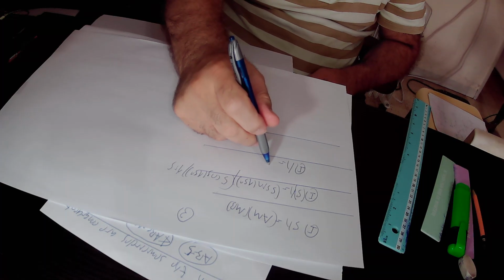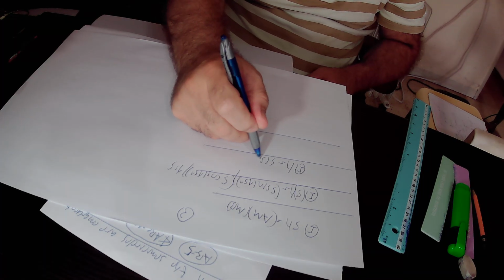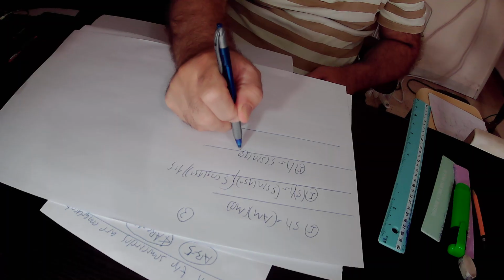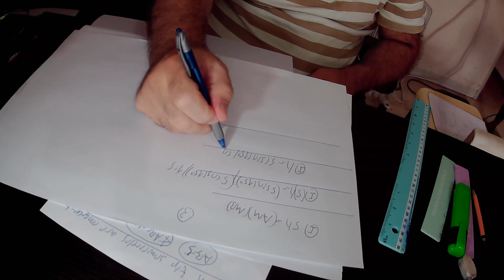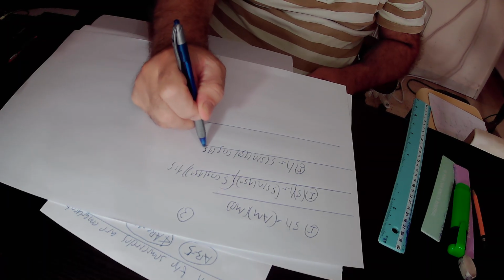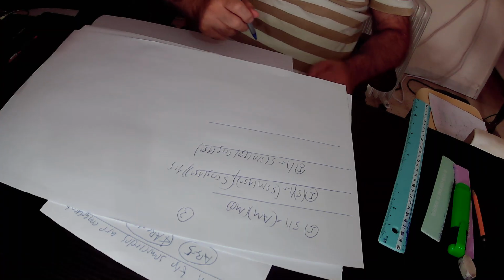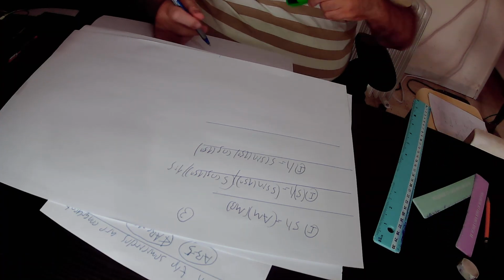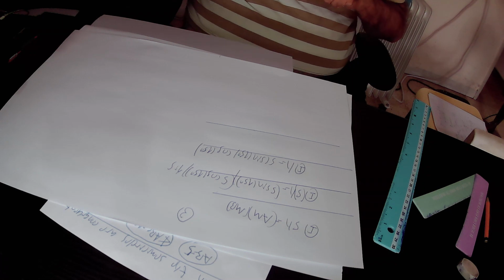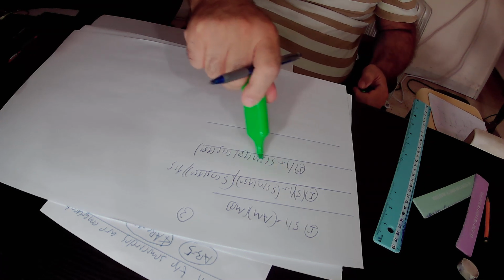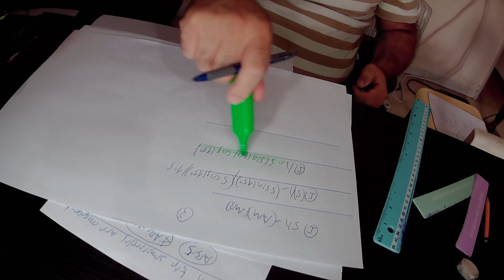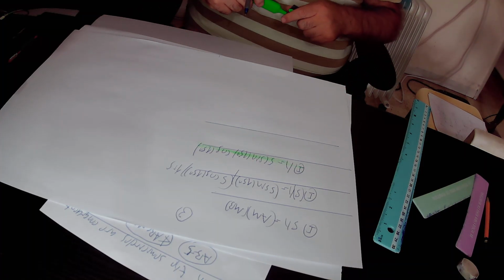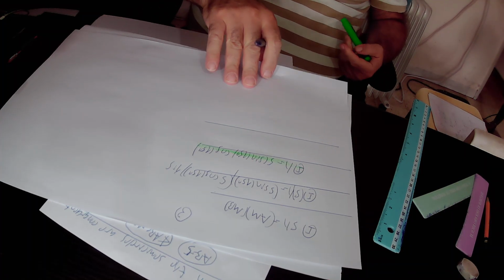We get that H equals 5 times sine 15 degrees times cosine 15 degrees. This is according to equation 1.